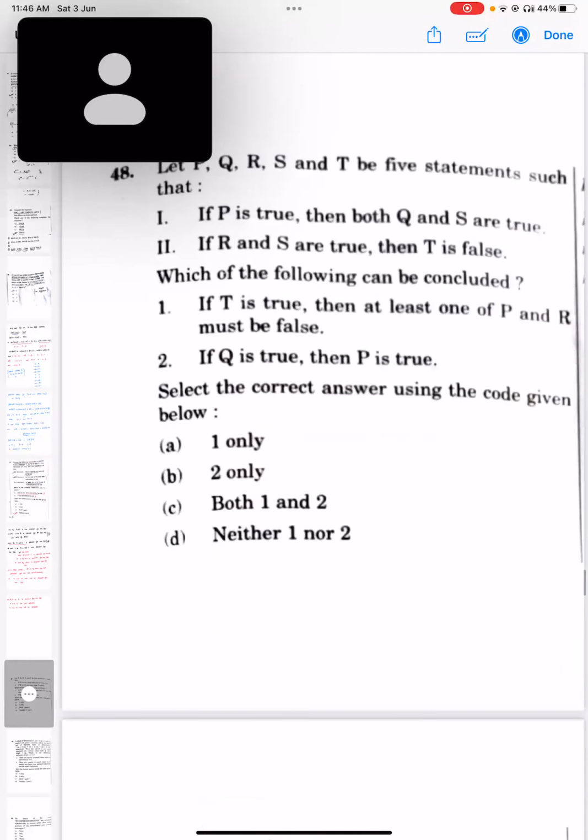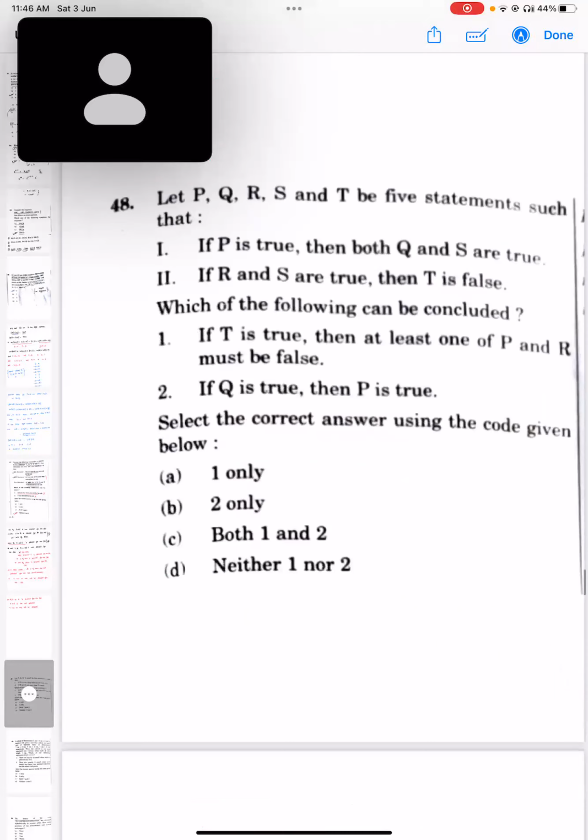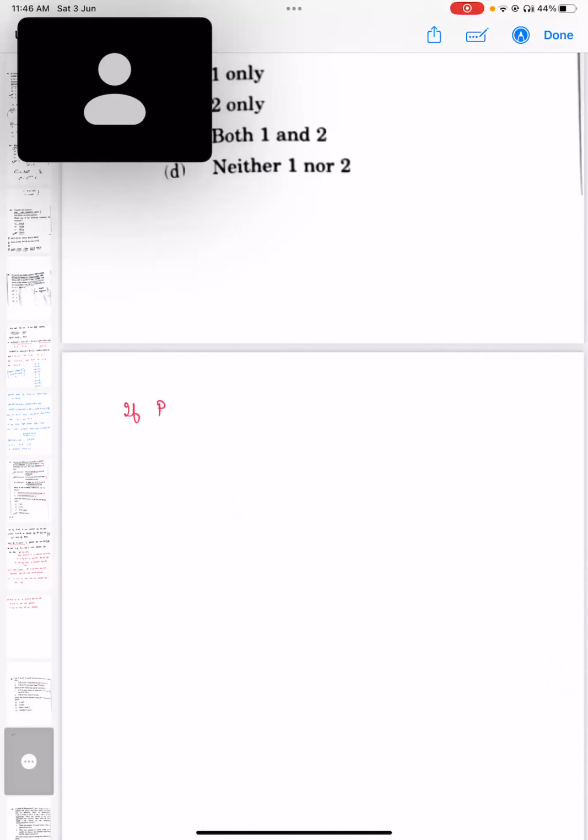It is saying, let P, Q, R, S, and T be 5 statements such that if P is true, then both Q and S are true. If P is true, then Q and S are true.